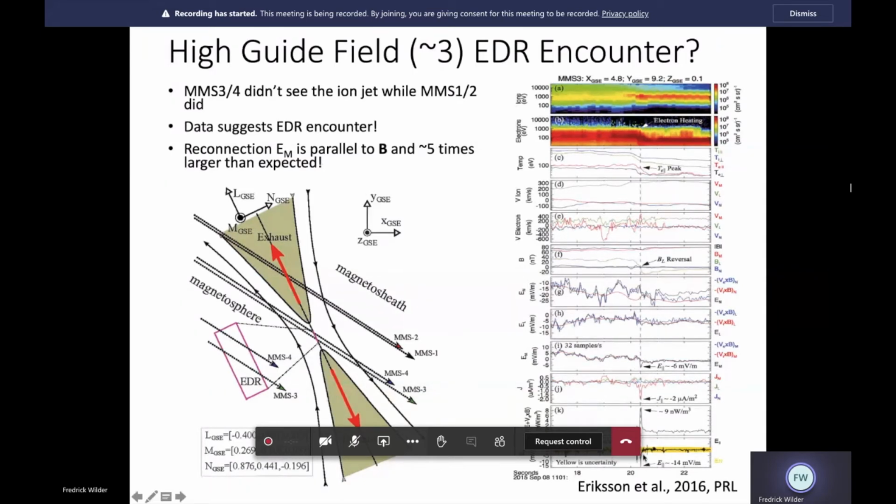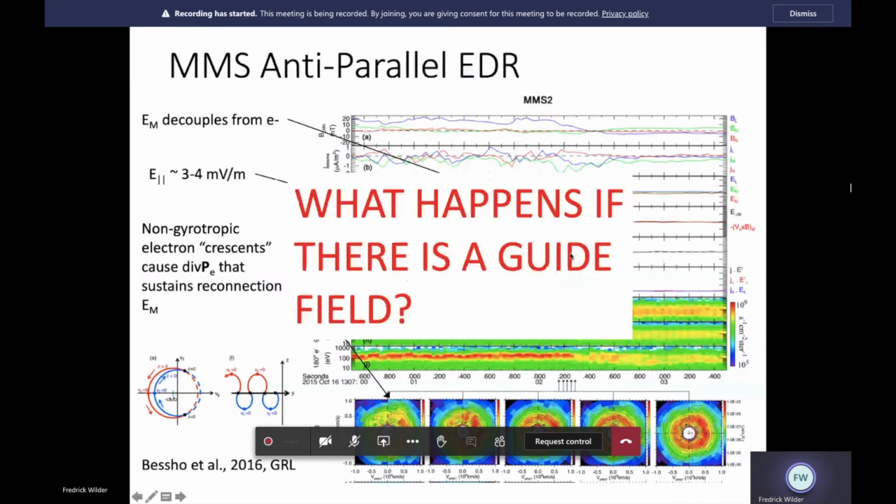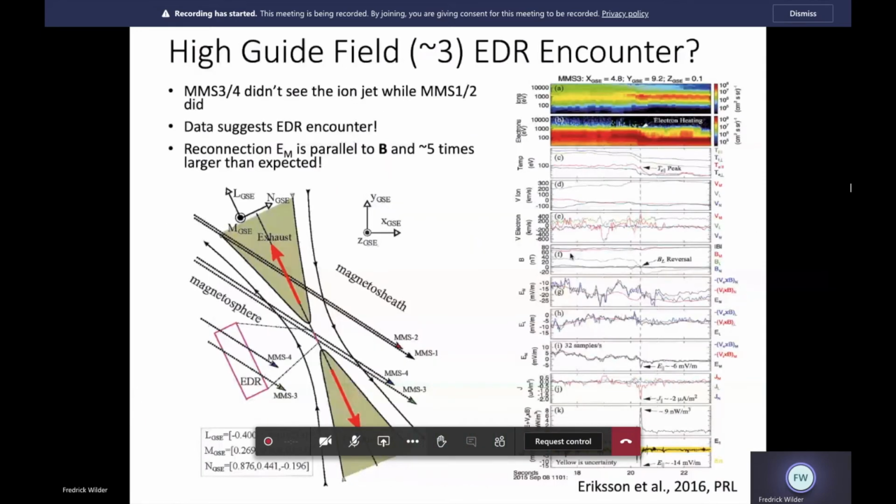But one thing we do see is a very large electric field parallel to the background magnetic field. It's almost 15 millivolts per meter, whereas if we go back to the earlier event, you can see it was closer to 2 or 3 millivolts per meter here. So we get a very large electric field parallel to the background field.